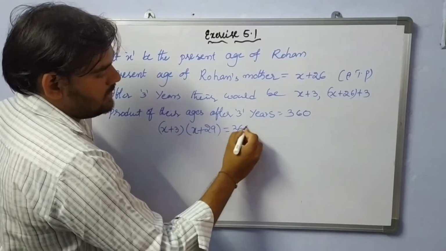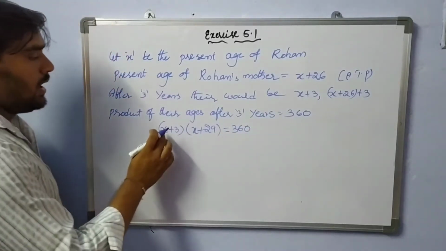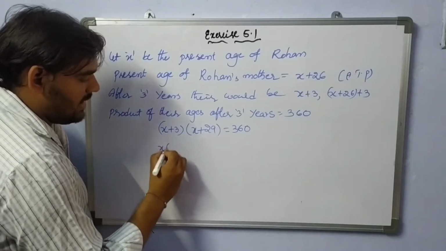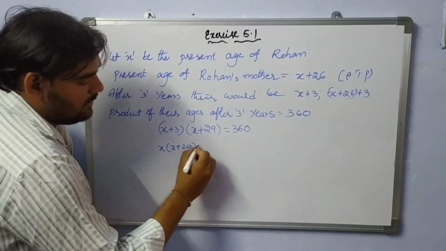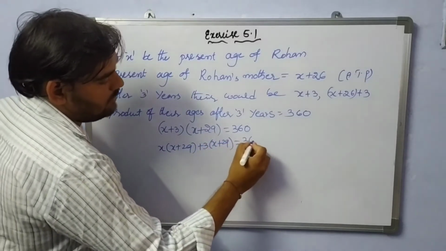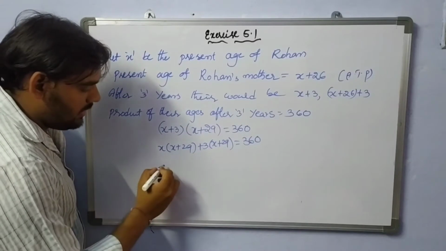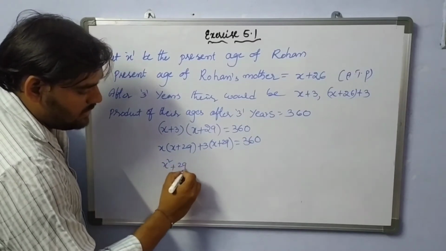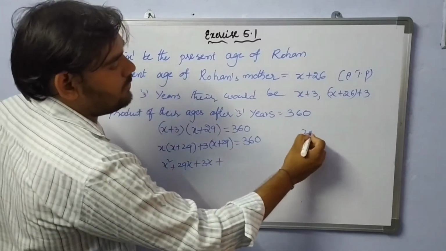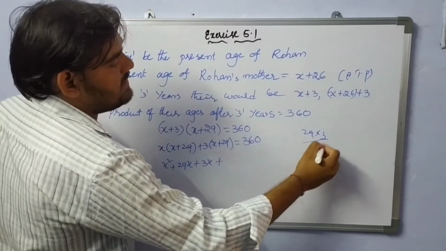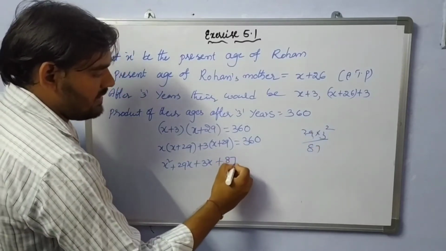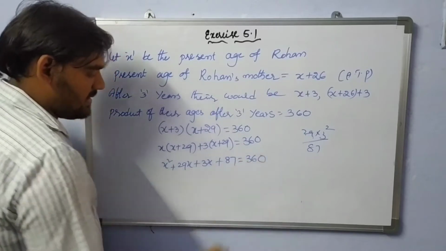Now x into x is x square, plus x into 29, plus 3 into x, plus 3 into 29. So x square plus 29x plus 3x plus 87 is equal to 360.